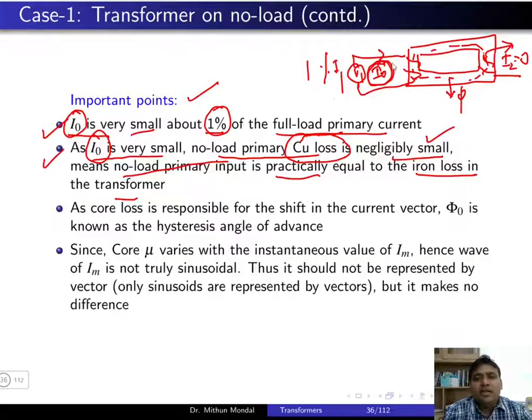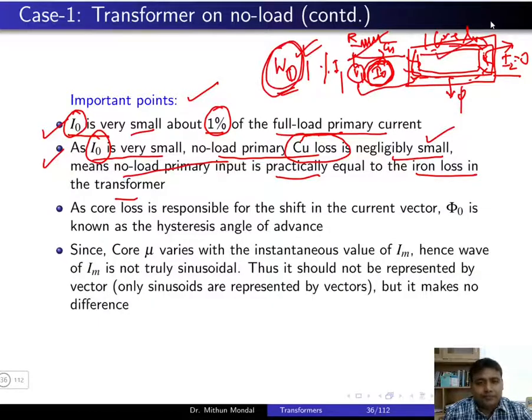Since this current is very small, we can neglect the copper loss associated with the winding. Whatever resistance is there in this winding, responsible for the copper loss, we neglect, and the entire no load power W naught is used to supply the core loss. Whatever the core loss is in the transformer, this no load power takes care of it.